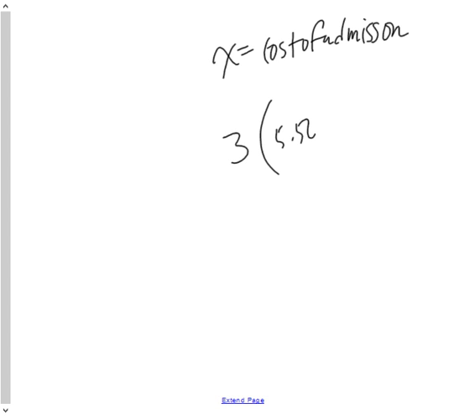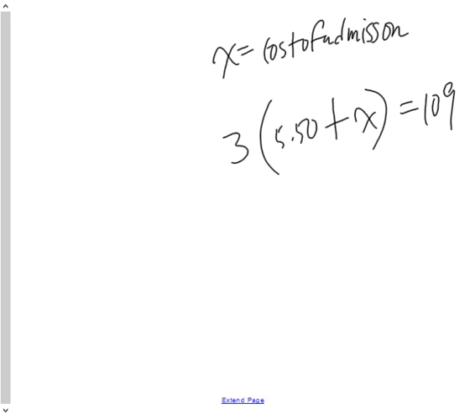So X is going to be the cost of admission, right? The last thing in the question is what is the cost of admission, so we're going to make that our X. So if there was 3 friends, then each of those 3 friends cost $5.50 for the bus fare, and the cost of admission, which is X, because we don't know it. And altogether it equals $109.